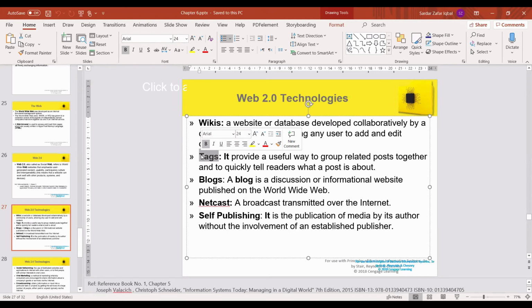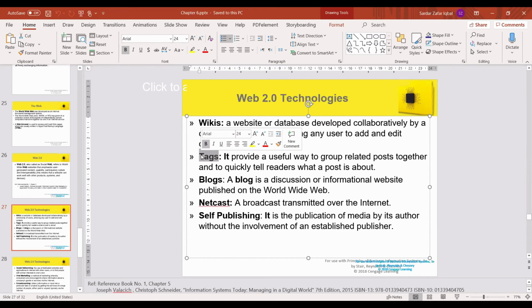Yes. And whenever you are creating your website, usually you add some tags in that. For example, my website is related with, let's say, FIS. So what would be the tags that I can add? The keywords.